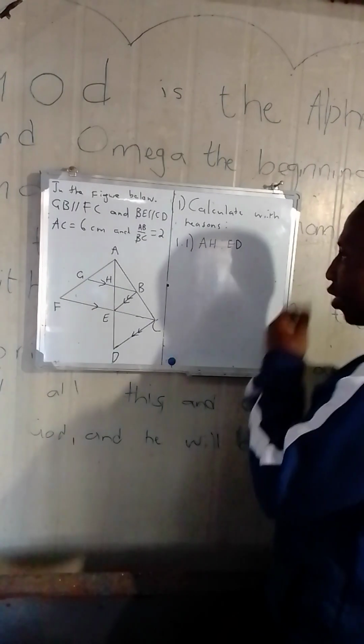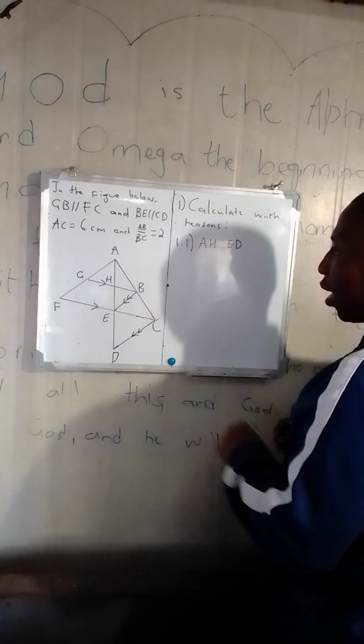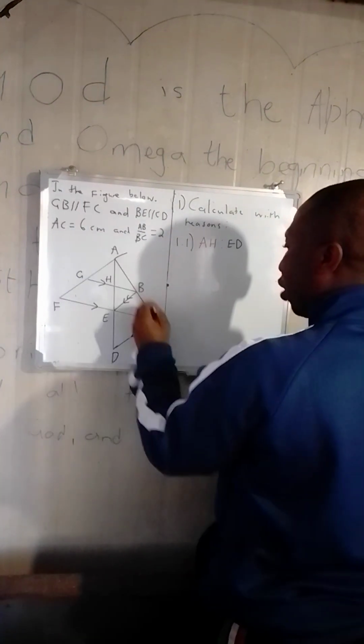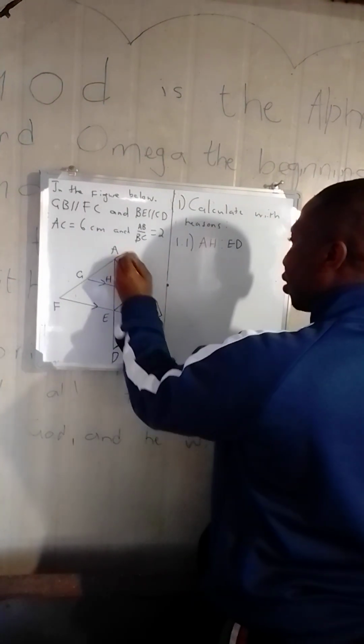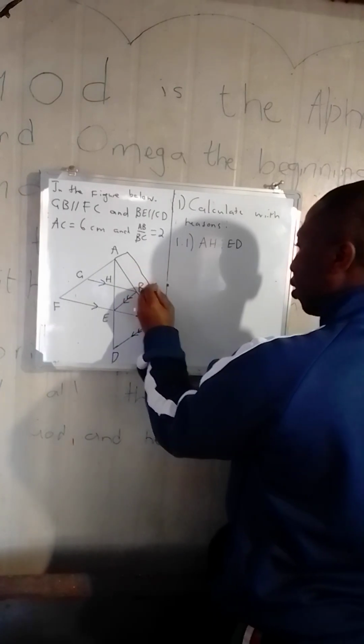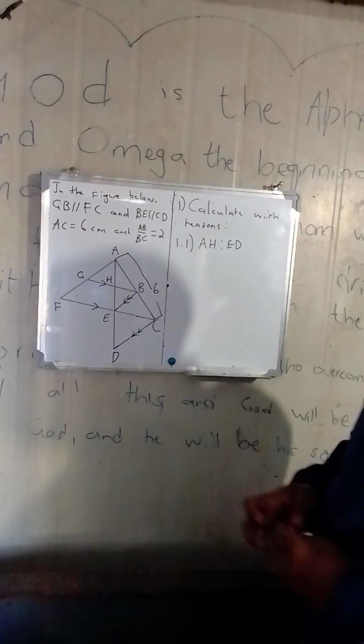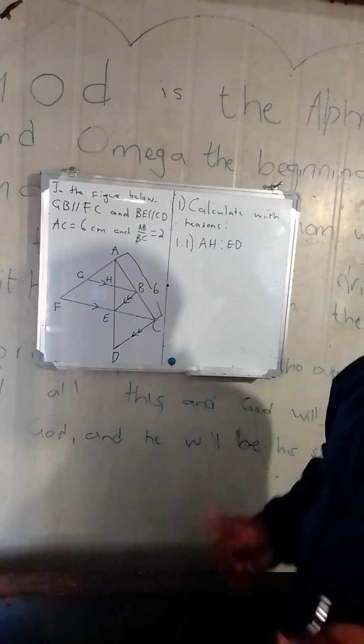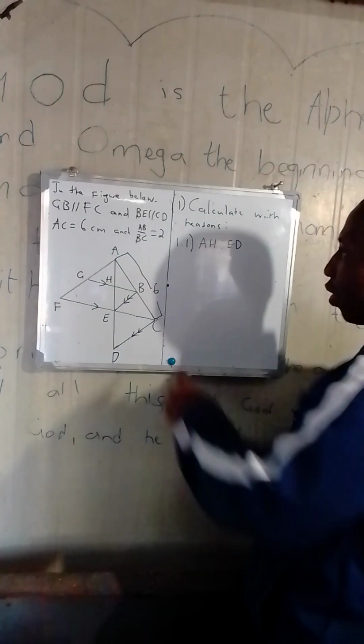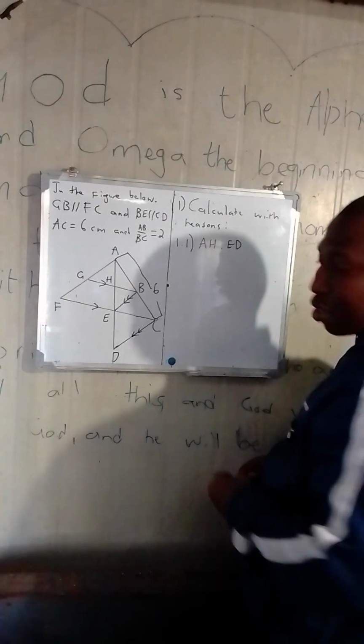First thing, we know that AC, the distance from here to here, is 6. We've also been given that AB over BC is 2.